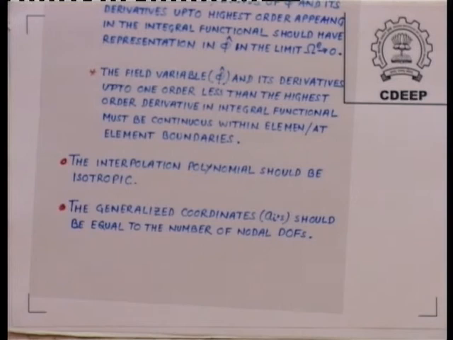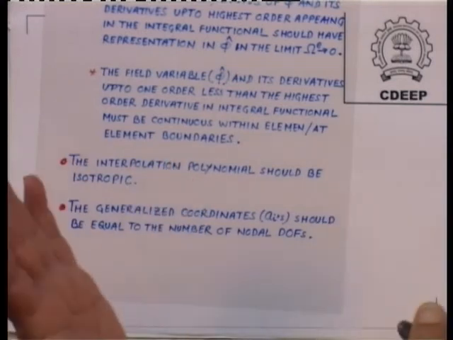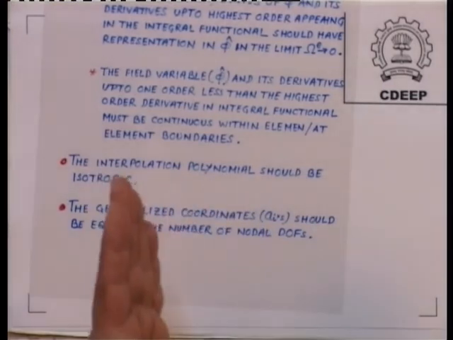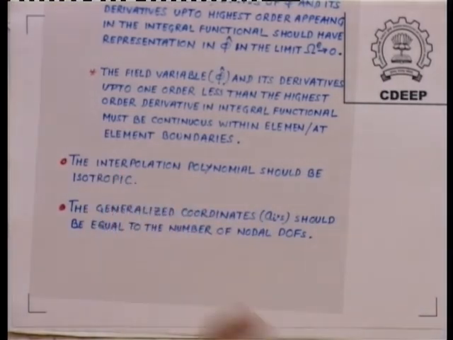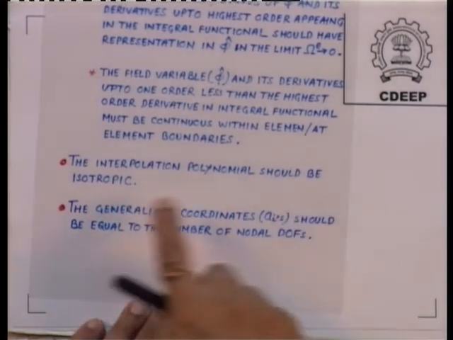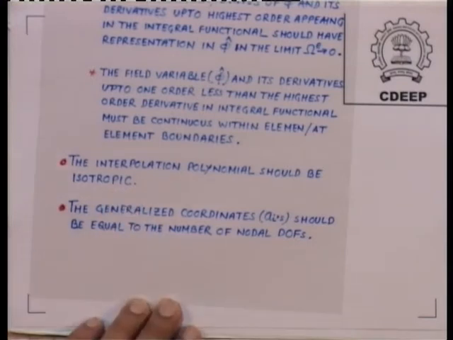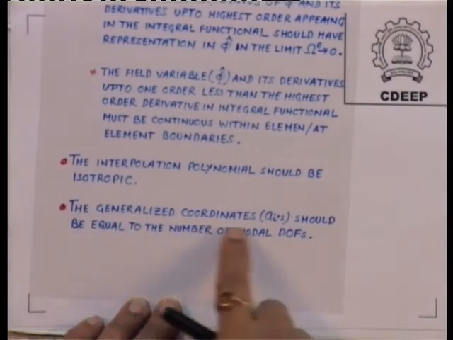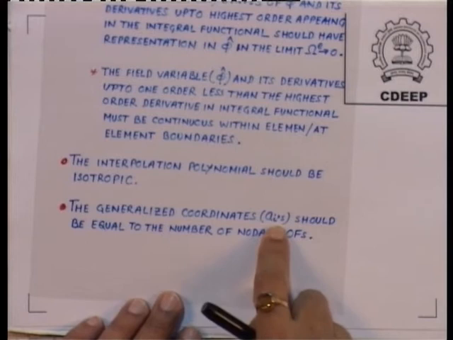Then the other thing which I have been telling you, which I have just written here again, is that the interpolation polynomial should be isotropic. What is the meaning of isotropic? You should have x and y terms similar, not on one side x and on the other side y square. The element must be isotropic, so that property is called an isotropic element.